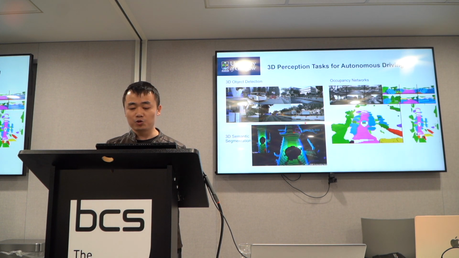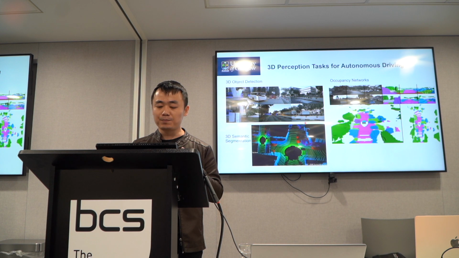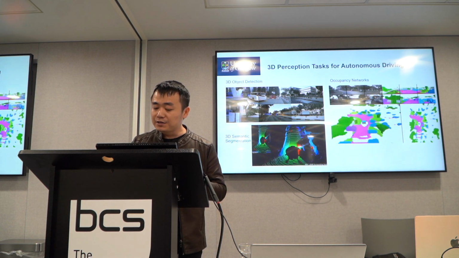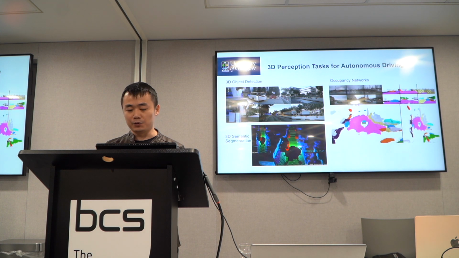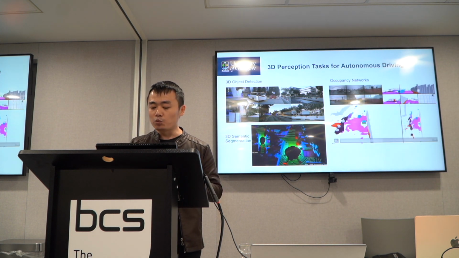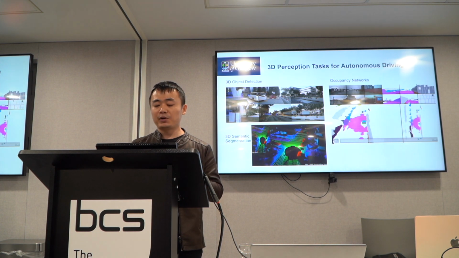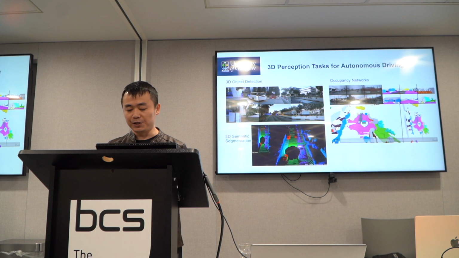Another thing we can do with this multimodal data is occupancy prediction. This takes a 2D or 3D input and produces a 3D occupancy grid that represents the presence or absence of an object at each point in the 3D space.